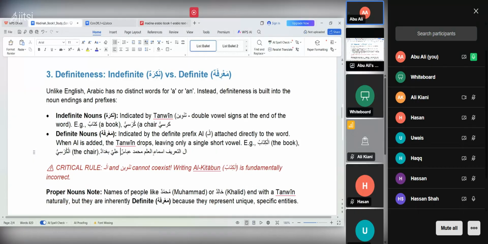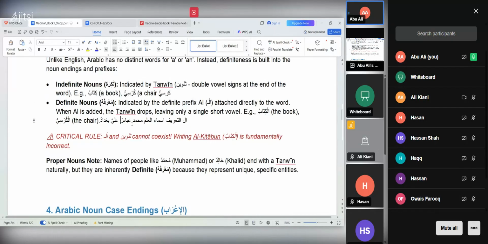Is it always the dhamma tanween? No. We said nouns are fluid. Their haraka changes depending on their location: Abbasan, Abbasun, Aliyun, Aliyan.